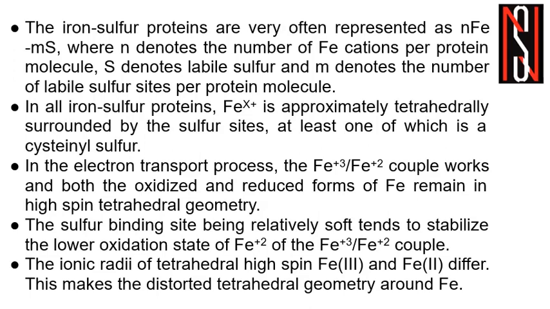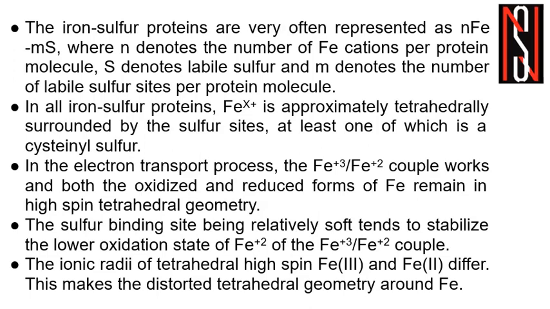Why? Because, as we have already come to know, around iron there is a tetrahedral coordination. For the tetrahedral case, we know that octahedral splitting is much more than tetrahedral splitting.